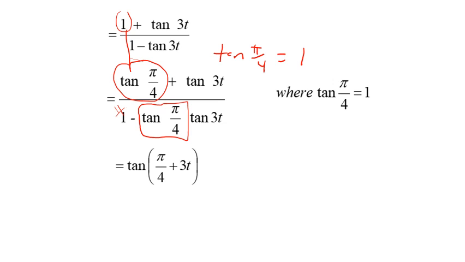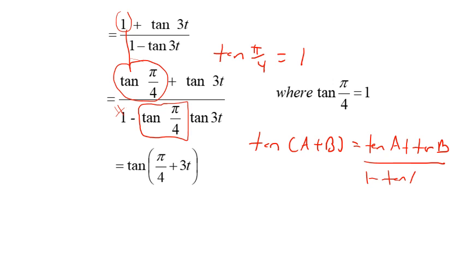So that is, remember the compound angle of tangent, tangent A plus B equals to tangent A plus tangent B over 1 minus tangent A tangent B. So that's what happened here, and how we relate our answer with the compound angle of tangent.